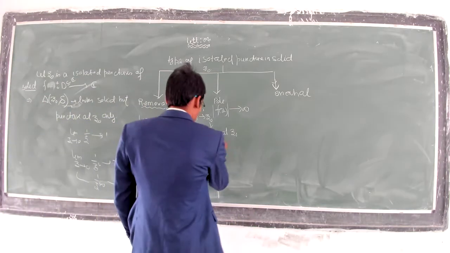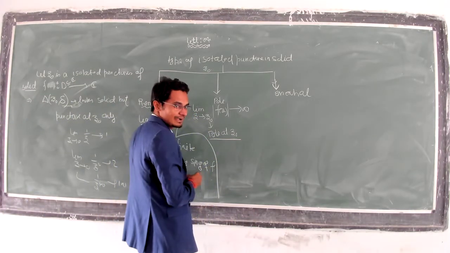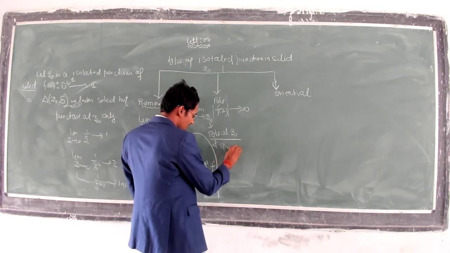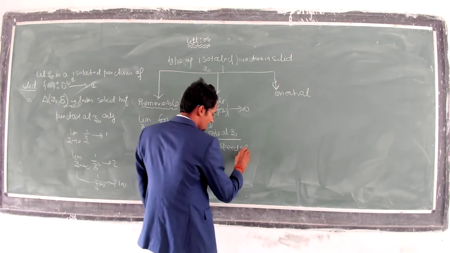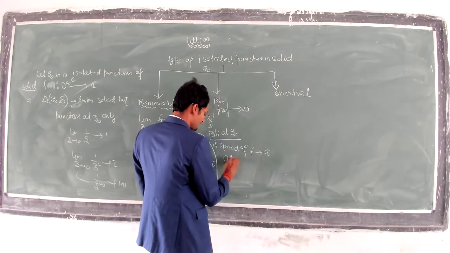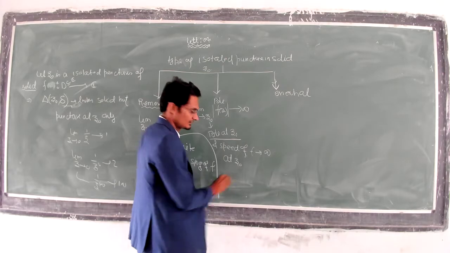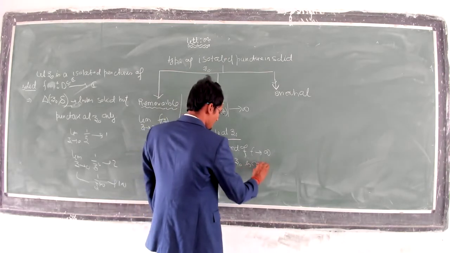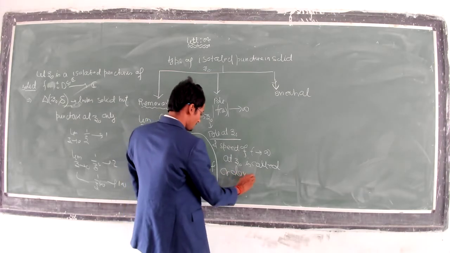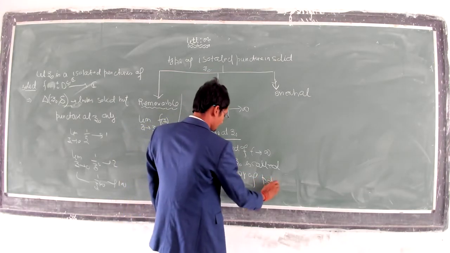So this is the pole at z naught. Also we can calculate the speed of f tending to infinity at z naught, which is called the order of pole.